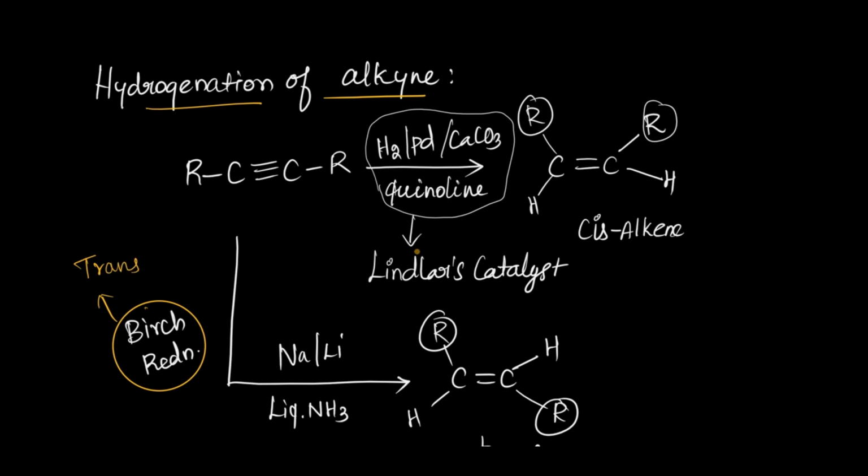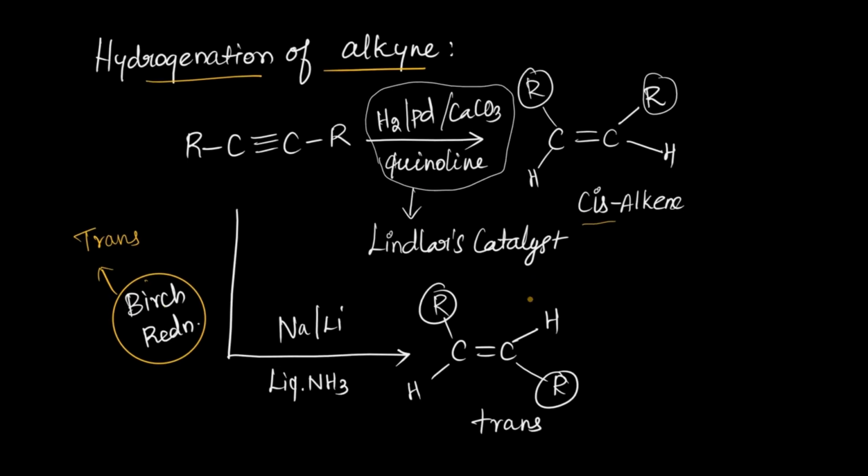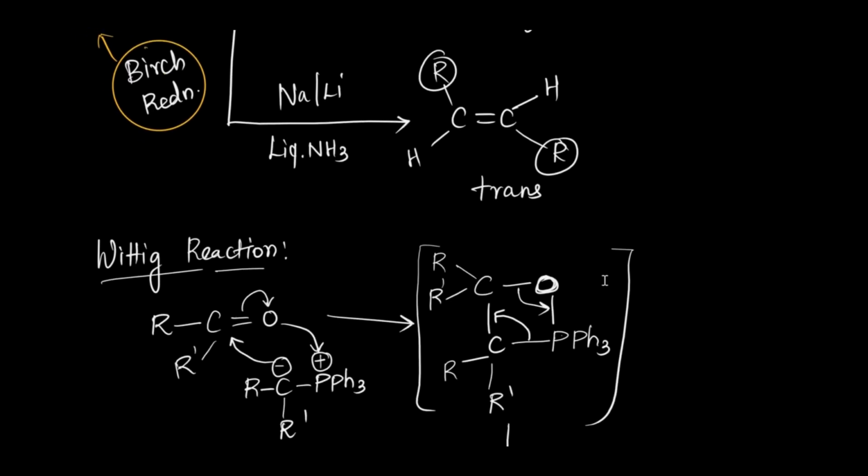So Birch reduction gives you the trans product and Lindlar catalyst gives you the cis product. So this is cis alkene and this is trans alkene. This is asked in previous year question papers a lot. The reagents: hydrogen, palladium with calcium carbonate and quinoline, that is Lindlar catalyst. Sodium or lithium with liquid ammonia, that is trans Birch reduction.